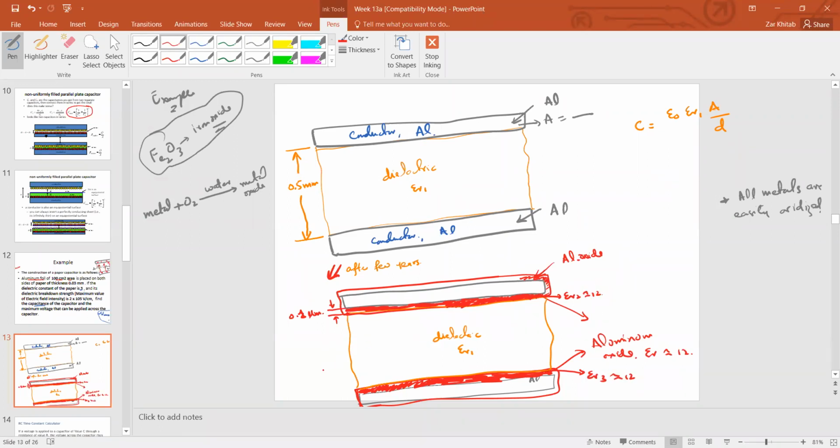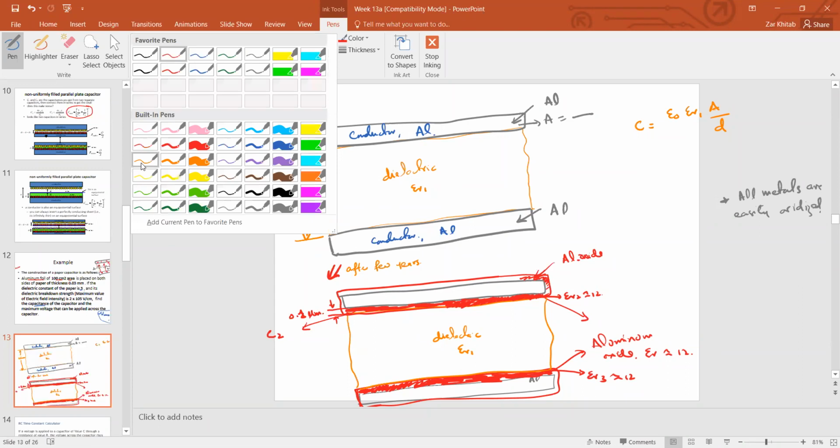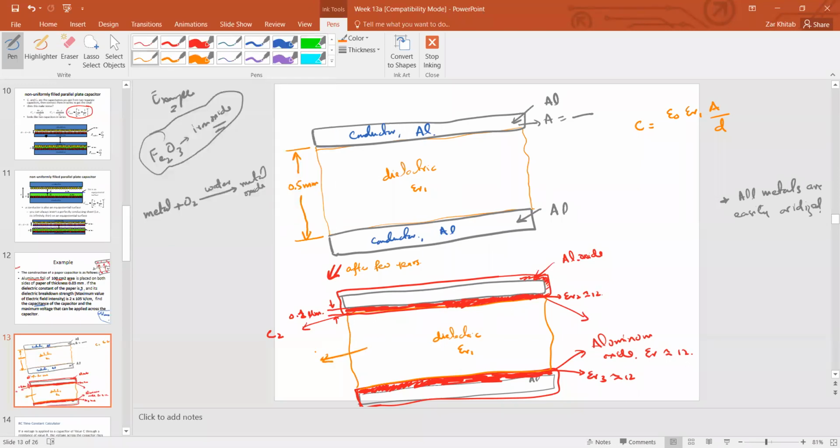So now how many capacitors do we have in the same structure? Now we have C2 here, and because of the original dielectric, we have C1 here, and now we have C3 also here. And see, all the three capacitors, they look like in series.